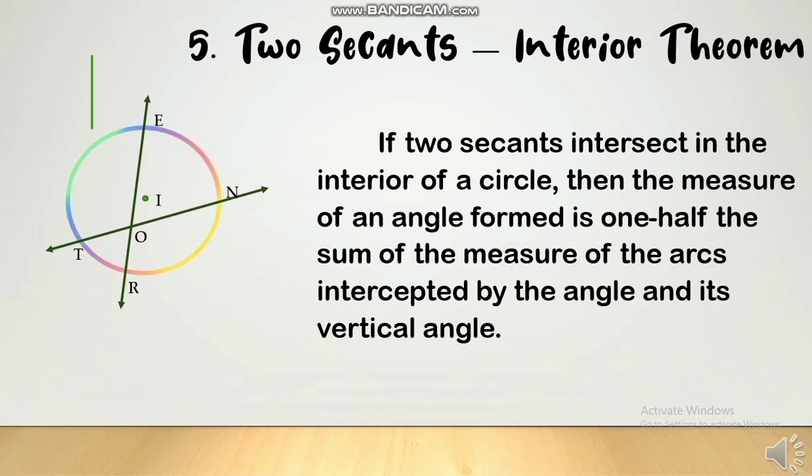So what will be the measure of angle EON? The measure of angle EON is equal to 1/2 times the sum of the two arcs, measure of arc EN and measure of arc RP.